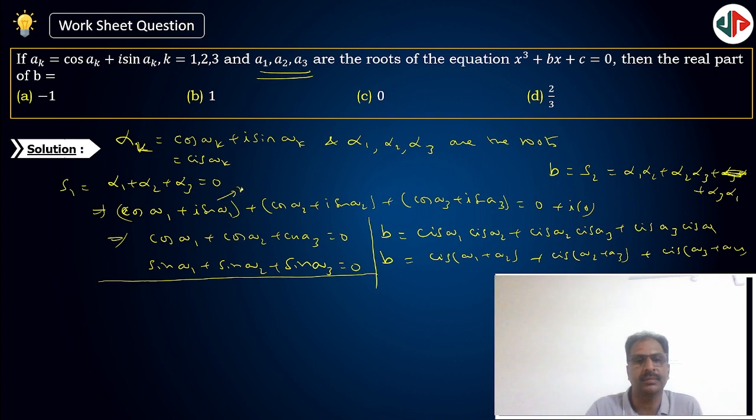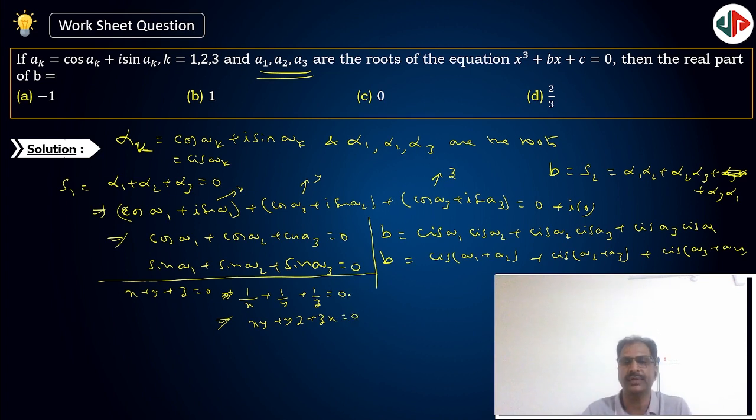Let us say this is some x and this is some y, this is some z. So x plus y plus z is 0, given. Even 1 by x plus 1 by y plus 1 by z will also be 0. If you take LCM, xy plus yz plus zx will be 0.